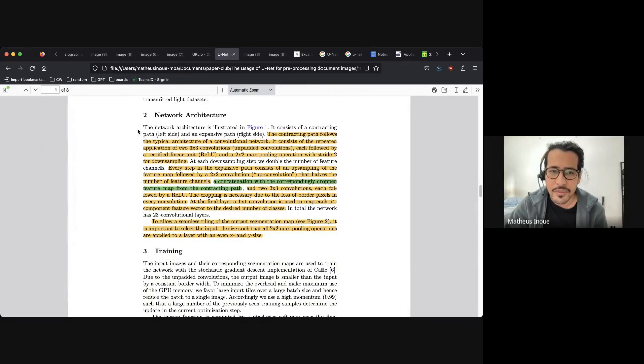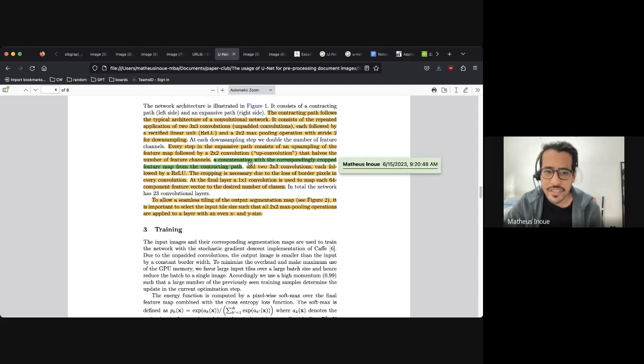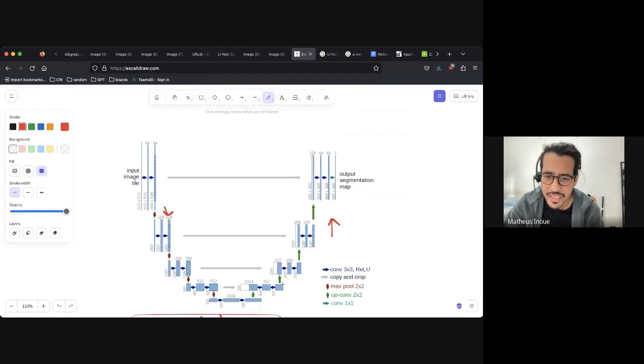Okay, so they go into the network architecture here. I think it's already explained a bit, but basically they have a sequence of 3x3 convolutional layers, each one with the ReLU function, and then they do a 2x2 max pooling operation. With 2x2 max pooling, you are halving the size of the image, which is the downsampling. And then they go to the expansive path, which is the upsampling. They apply a 2x2 convolution, and I think it's interesting because the upsampling here is a learnable parameter, right?